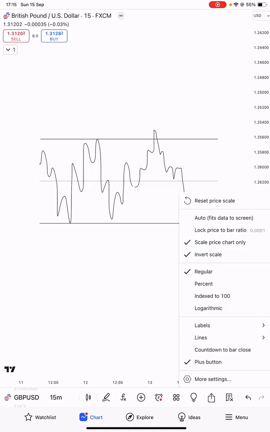Then I'm mostly interested in buying or selling at the range extremes. Obviously, if there is a monthly range, like many monthly candles in a range, then I can trade the lower time frames like the daily and weekly easily. So it depends on what you're trading, but the logic is this.